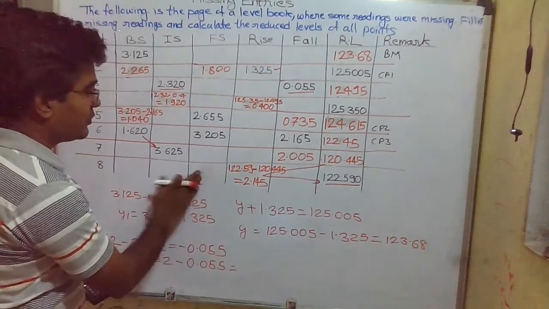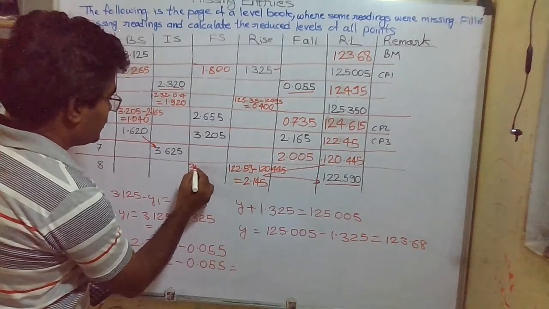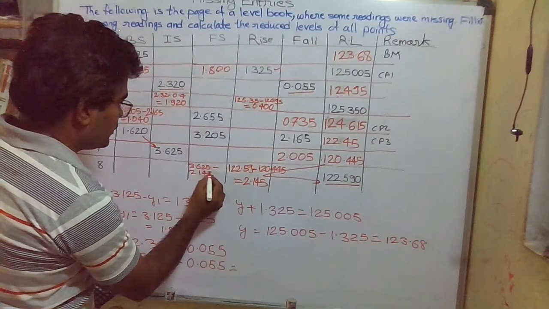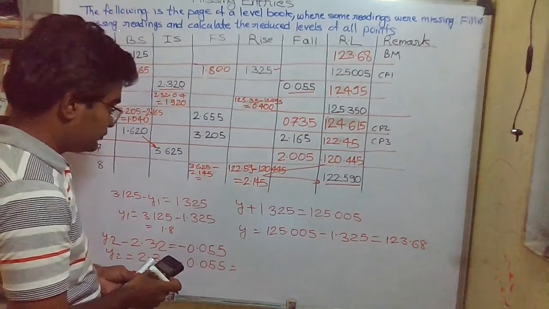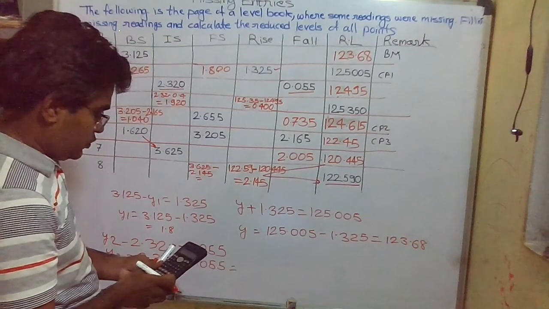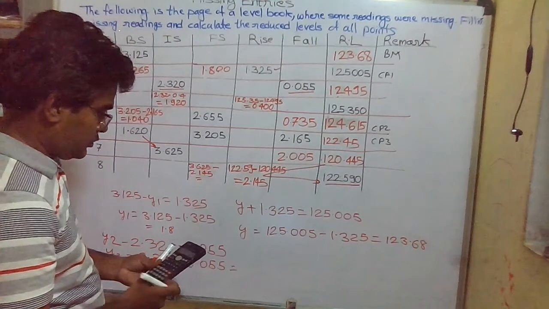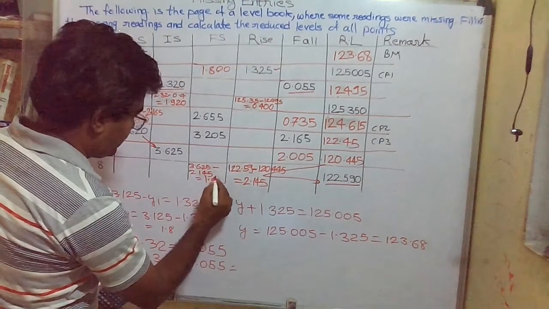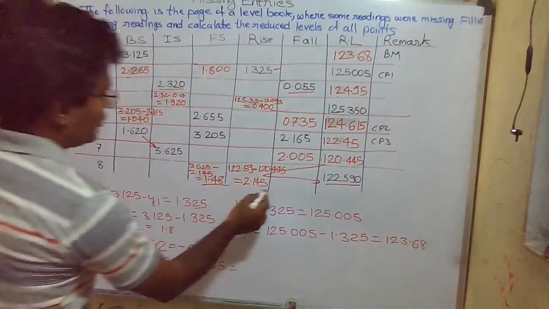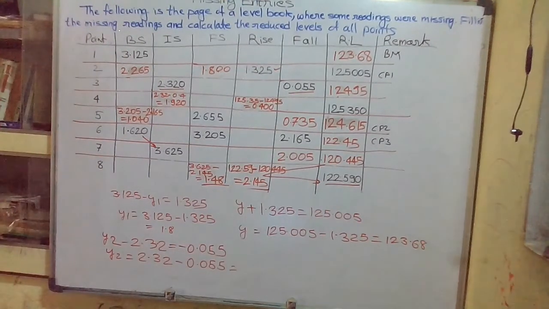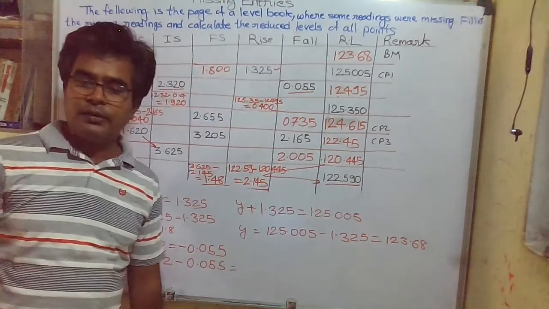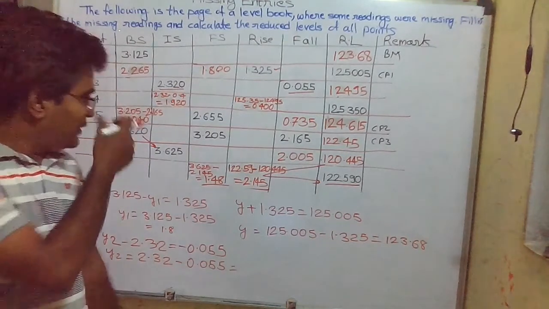So we find it by taking the difference of these two values: 3.625 minus 2.145, which is 1.48. So here we got 1.48 and here 2.145. Like that we can find the missing entries. You can show the calculations if asked, or you can directly write the missing entries.